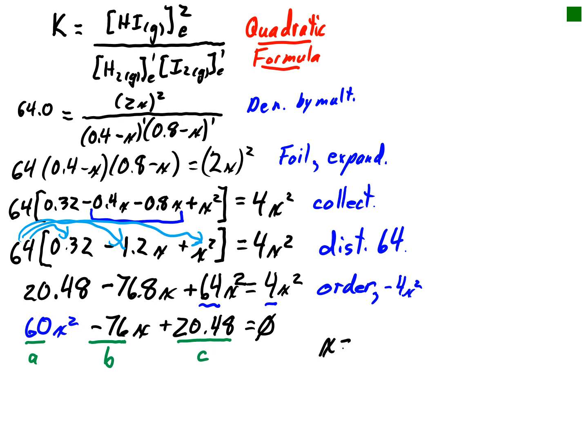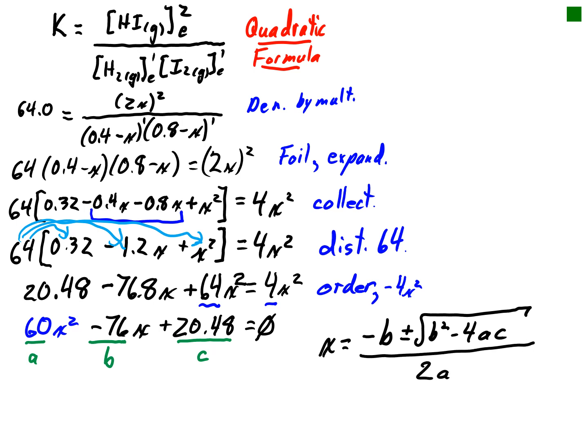X equals negative b plus or minus the square root of b squared minus 4ac, that's all underneath that radical sign, divided by 2a. And you're going to have to substitute and solve, and it's going to take you a while. So for those of you who don't have a calculator that'll solve this thing for you, you're going to substitute all that in, and it's going to take you a few minutes.